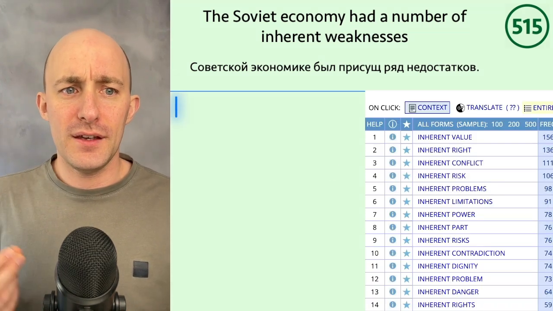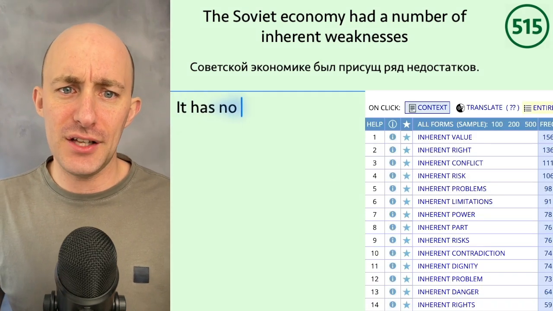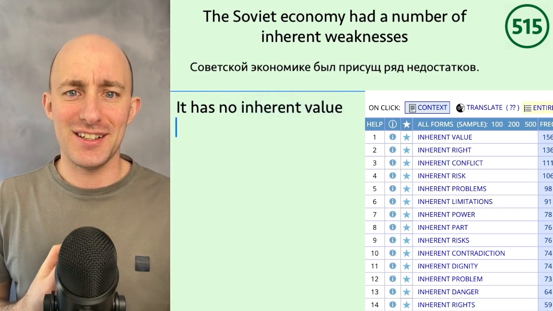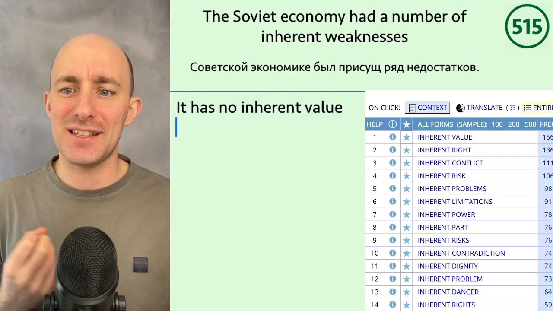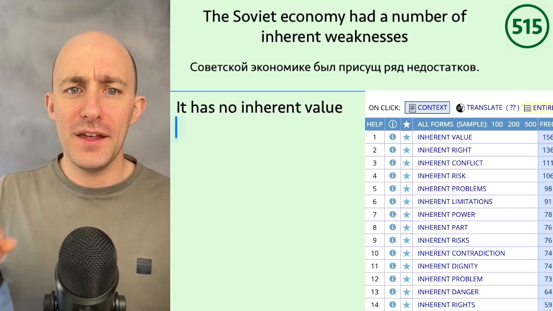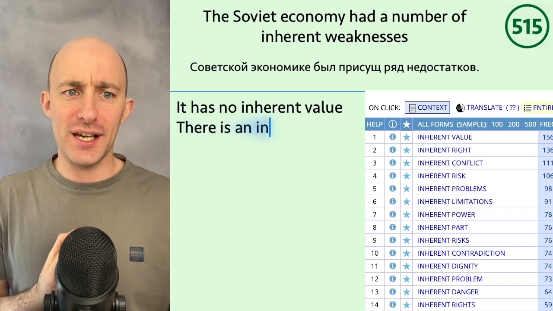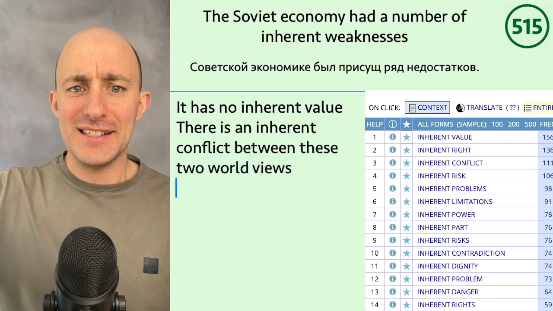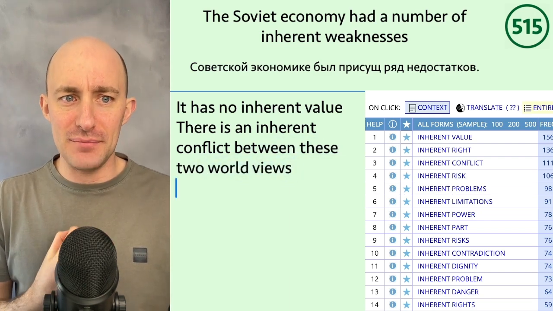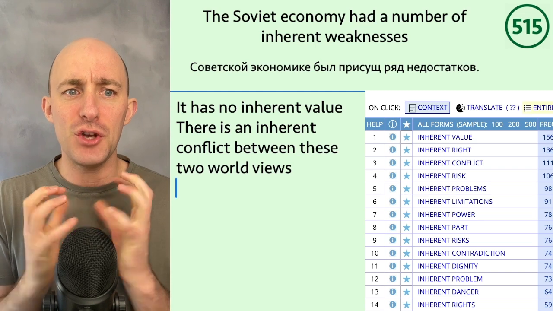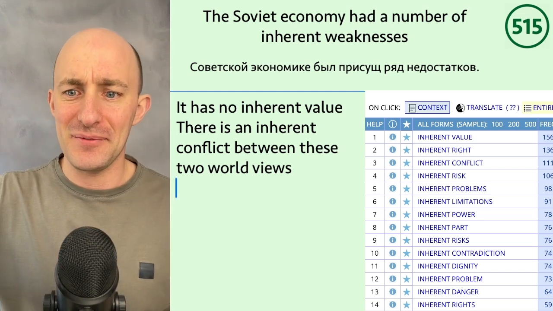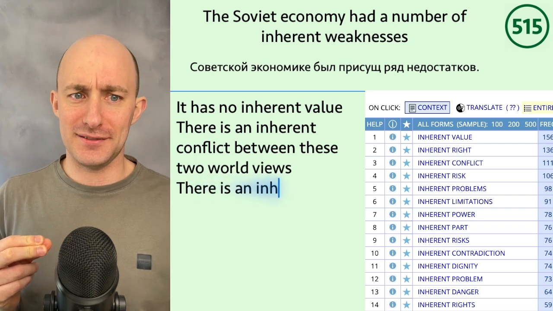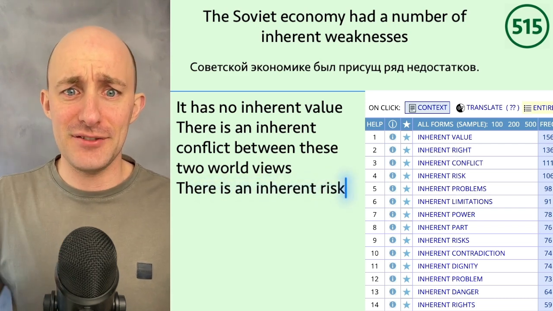So it has no inherent value. That means, in its essence, there is no value. There is an inherent conflict between these two worldviews. So if something's inherent, it's very deep. It's right in the center. It's right in the core of something. There is an inherent risk in this activity.